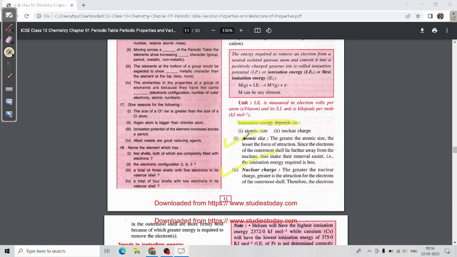If the atomic size increases, the ionization energy decreases: the greater the atomic size, the less the ionization energy. And the more the nuclear charge, the more ionization energy will be needed.